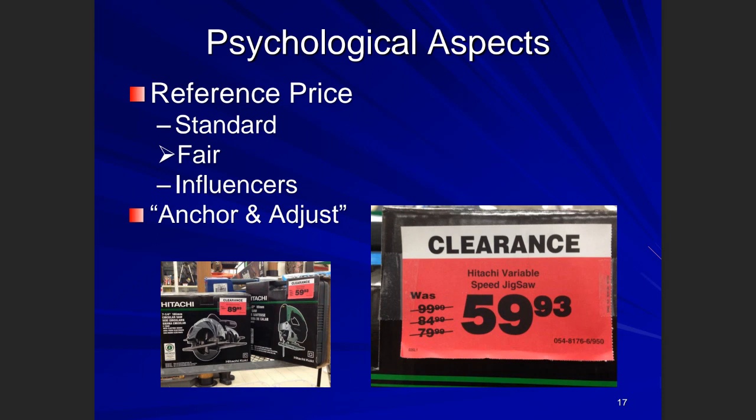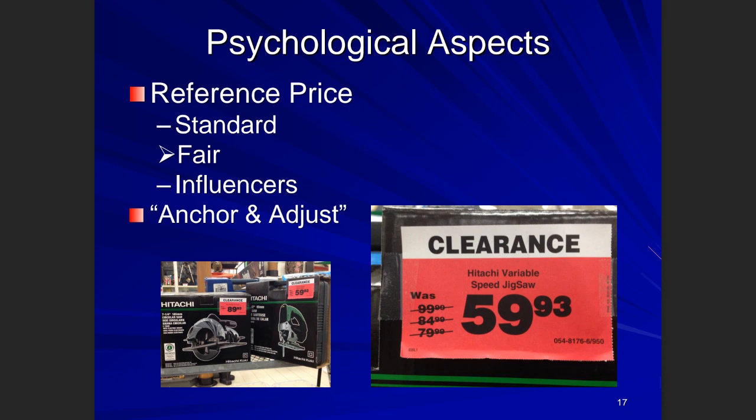So there are a whole bunch of things like that that serve to enable consumers to establish that reference price. So when the consumer then establishes that reference price, that again is that basis for comparison. So like I said before, as marketers, we can lean forward and we can put that into the mind of the consumer.